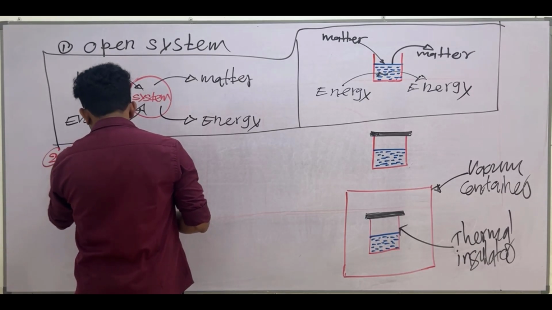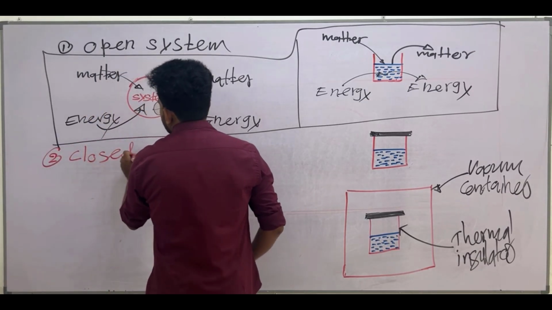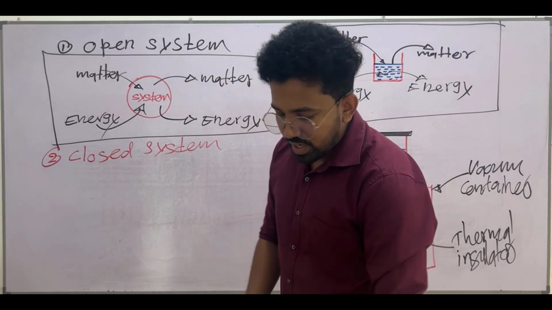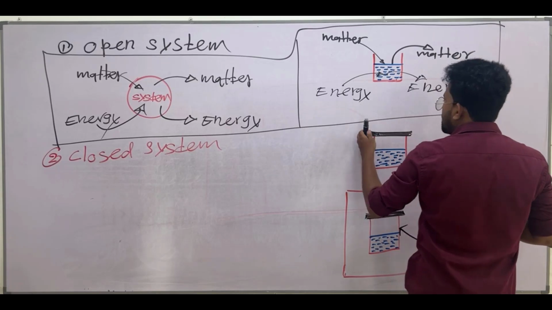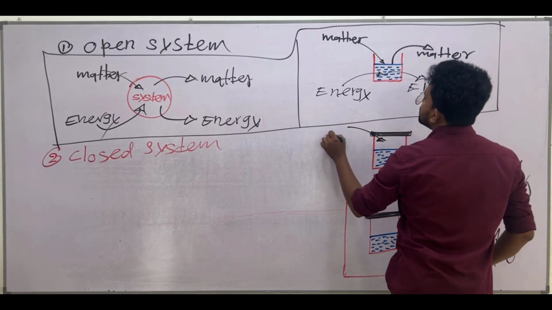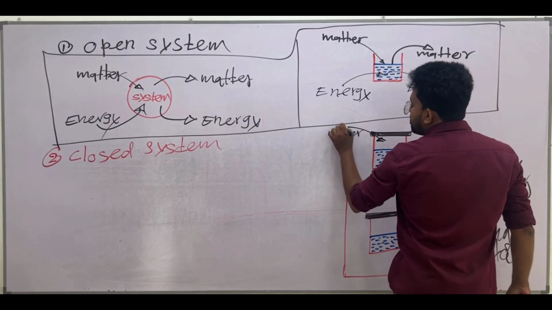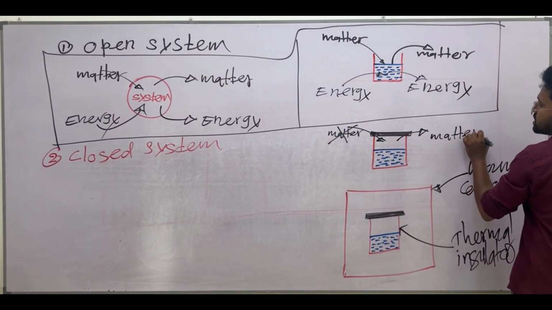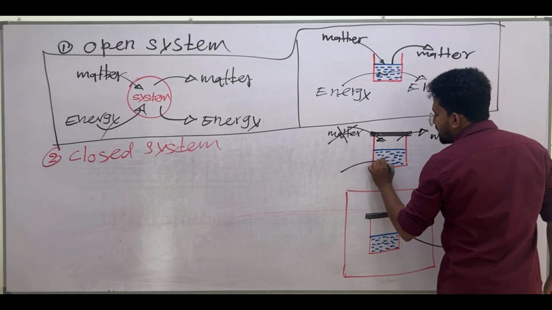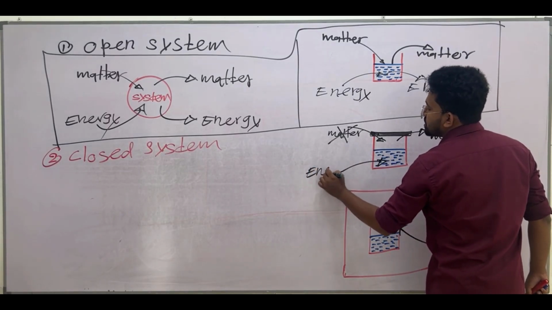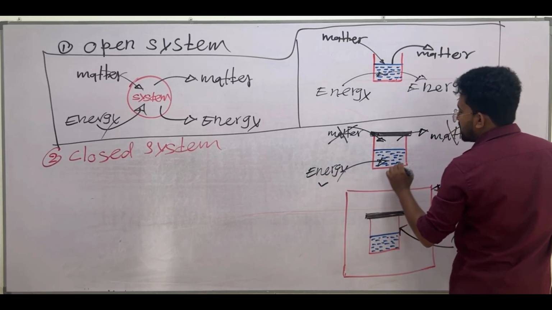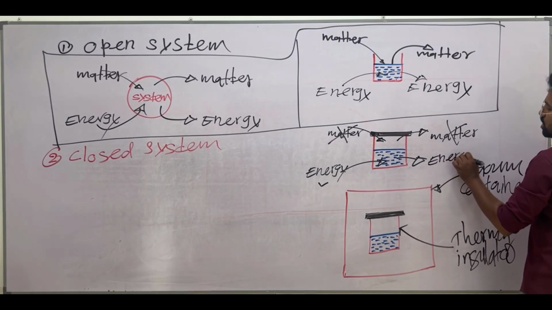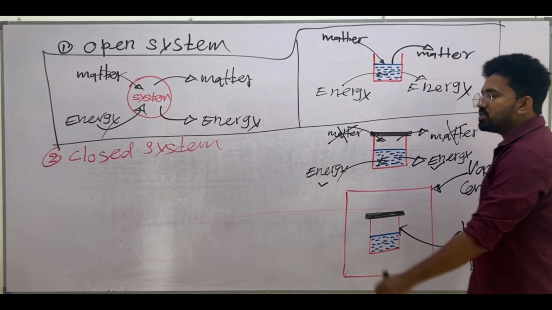The second one is the closed system. Now what happens in the closed system? Here matter cannot transfer, come inside or go outside from the system, but energy can transfer. Energy can come inside or go outside from the system.